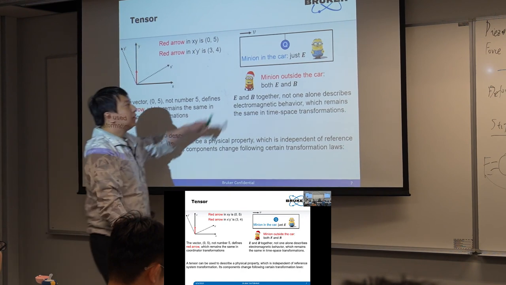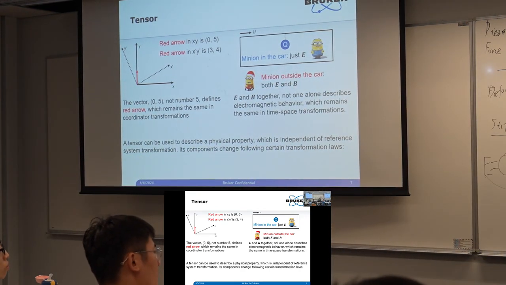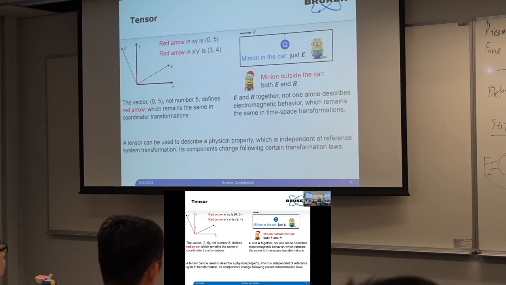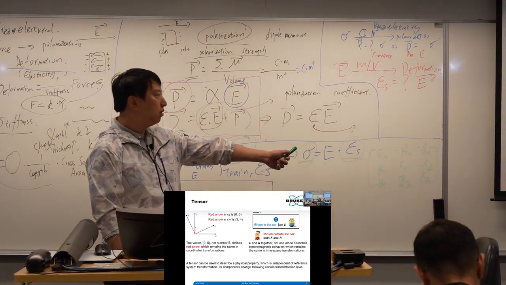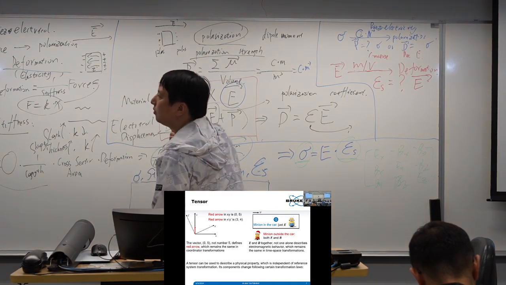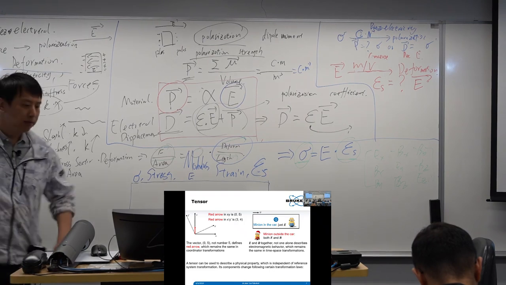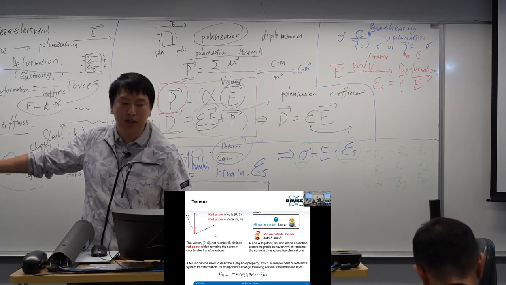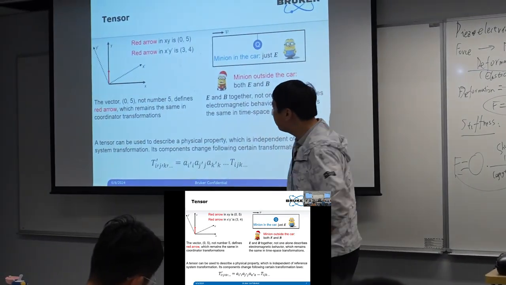So if we only say electric field, we only say these three terms. If we are outside the train, we say both of them. So we'd better describe it in this way. So that's the property of the tensor. Okay, so the tensor means its formation does not change as the coordinate changes, right?